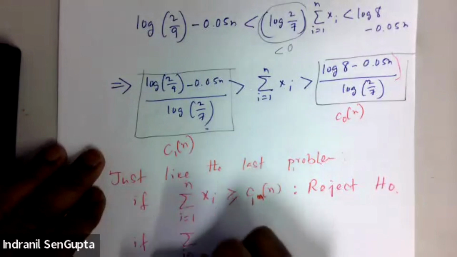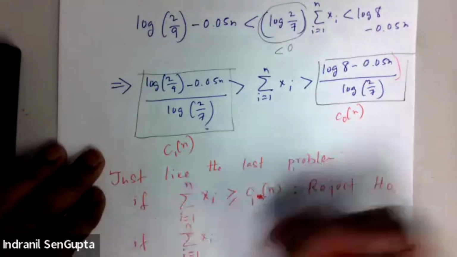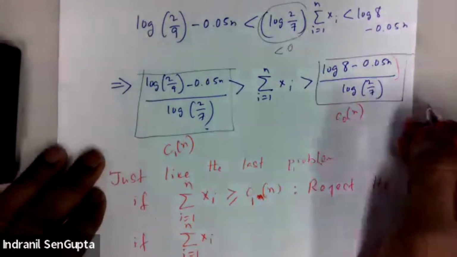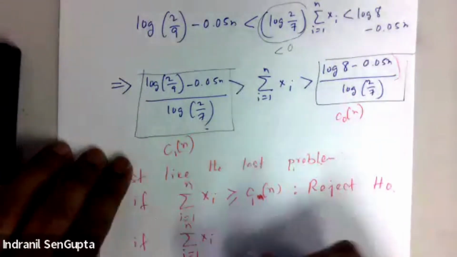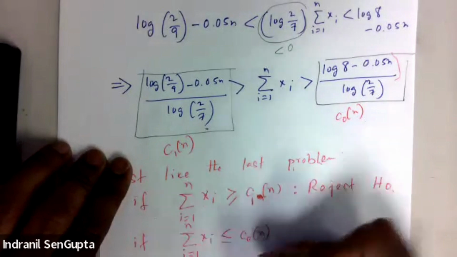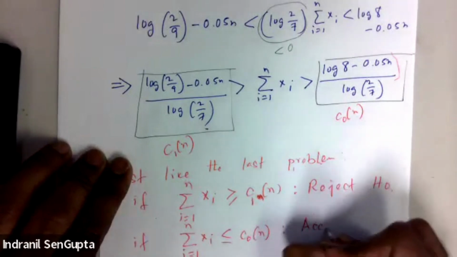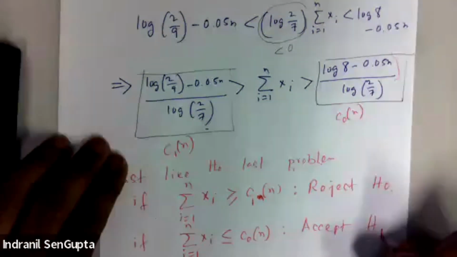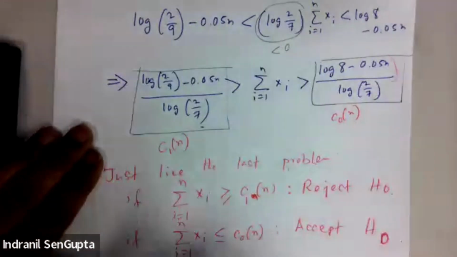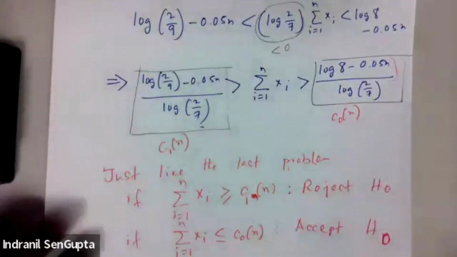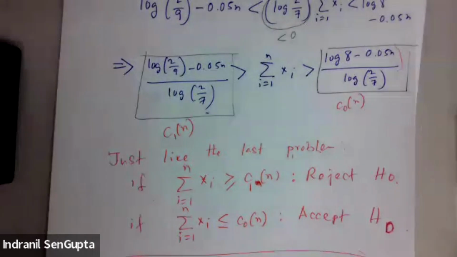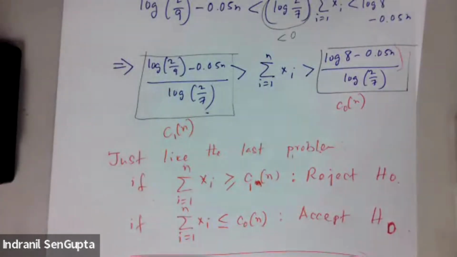If the summation goes past this one, so that it becomes smaller than C0n, then we accept H0. Okay. So that's the case for the Poisson process. This is how we can consider this for a Poisson process.